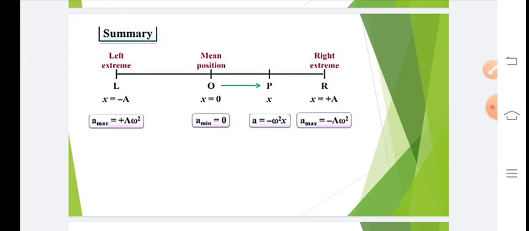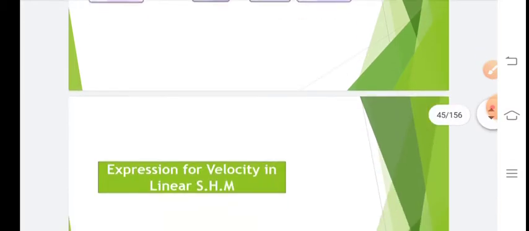At P, the displacement is x, and at point R, the right extreme side, the displacement x is equal to plus A. So a max in the left extreme position is equal to plus A omega square. At the mean position, the value of acceleration a minimum is 0. At point P, a is equal to minus omega square x, and a maximum is equal to minus A omega square. This is the right extreme position.